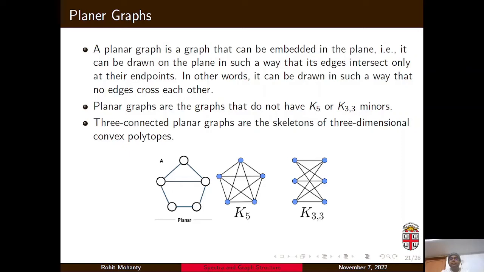Any graph that is non-planar has either K5 or K33 or both as its minors. But any graph that does not have these two graphs as minors is called a planar graph, and it can be proved that they are planar graphs. Now there is another interesting property: 3-connected planar graphs are the skeletons of 3-dimensional convex polytopes.